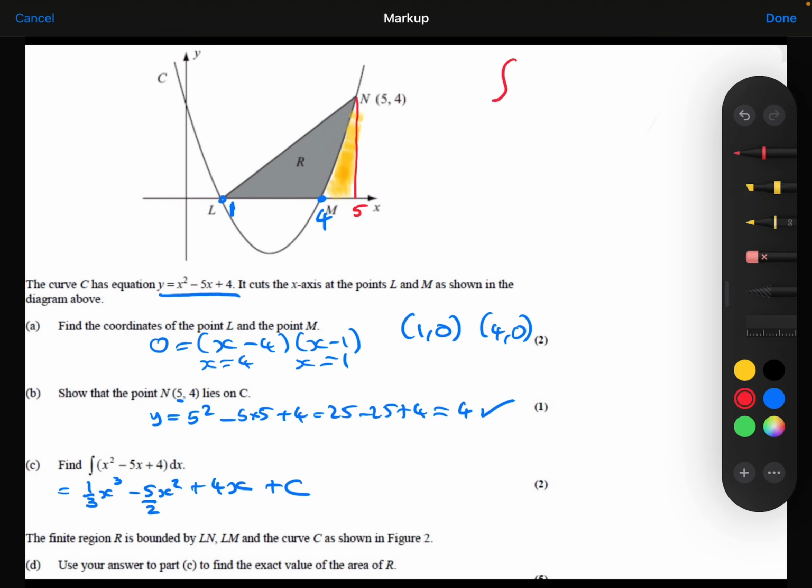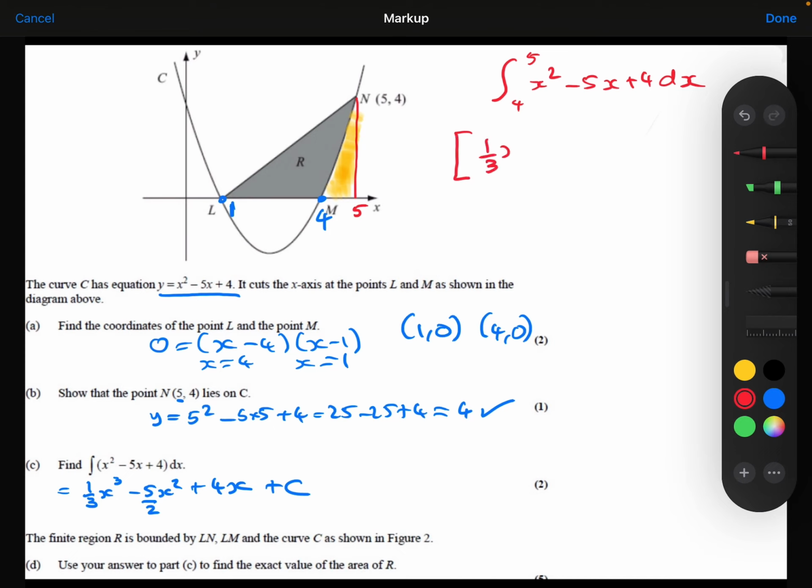So the integral between 4 and 5 of x squared minus 5x plus 4, that's going to be the yellow area. And notice, if I then take that away from this bigger triangle, so that big green triangle, take away the yellow area, would leave me with the shaded grey area. So that's my method. The integration we've already done, we did that in the previous question.